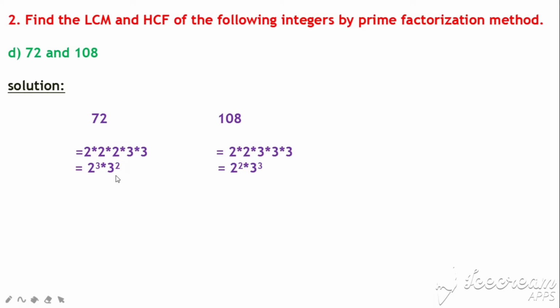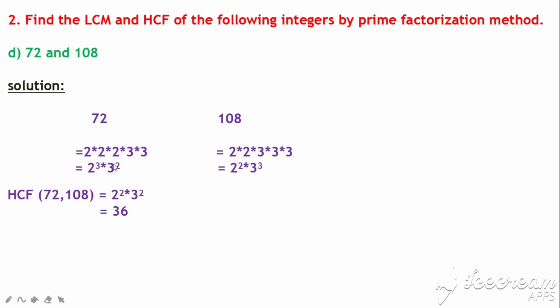Now 3 square is present in 3 square and 3 square is present in 3 cube also. So 2 square 3 square is present in 72 and 2 square 3 square is present in 108. So the HCF is 2 square into 3 square. That is nothing but 36. 2 square is 4, 3 square is 9, 4 into 9 is nothing but 36.